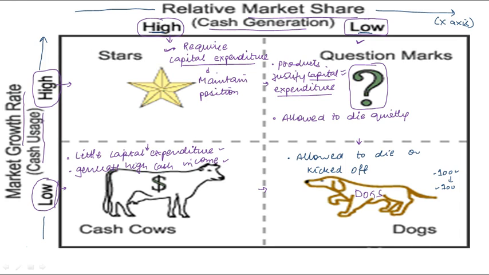Okay. Now, moving on to the next part. Moreover, you can write one more thing over here: dogs provide poor return on investment. You will never get any good return on investment when it comes to dogs.